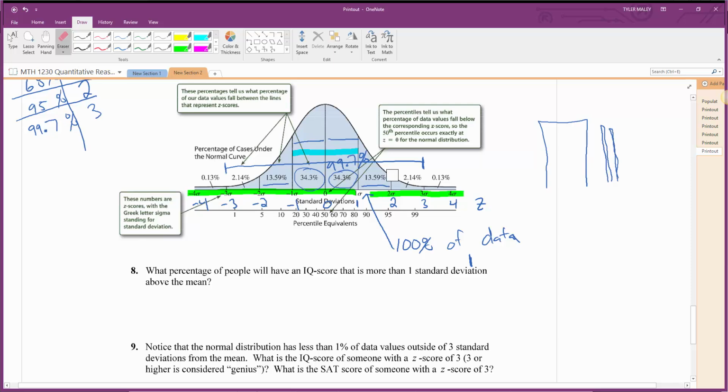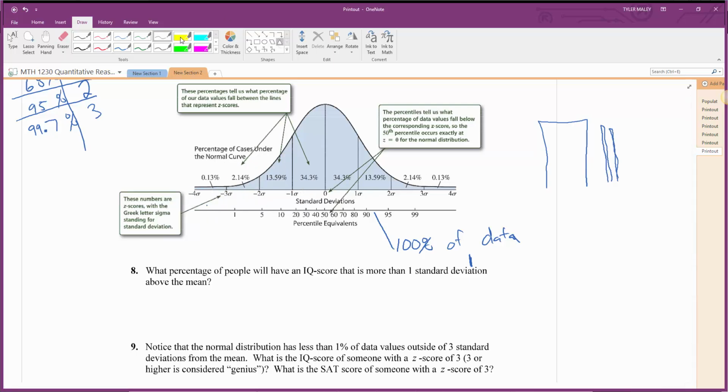Let me do some erasing so it's a little clearer. All right, let me grab a highlighter.